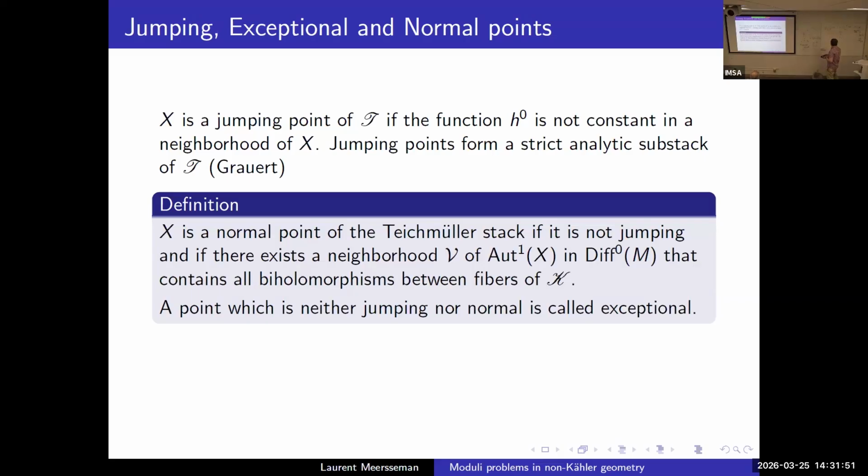All this is about understanding when two different points of my Kawanishi space encode the same compact complex manifold. So you have here some S, some T, you have X over S, X over T. You want to know when they are biholomorphic.